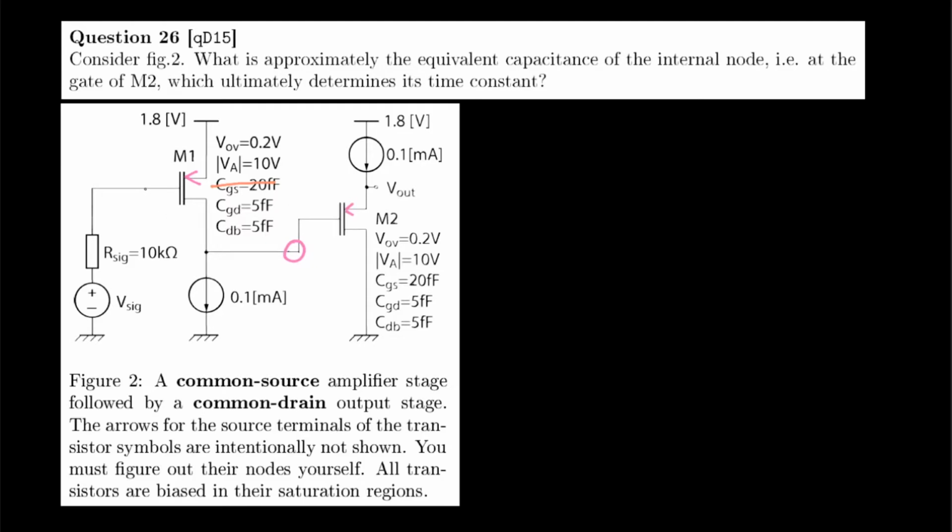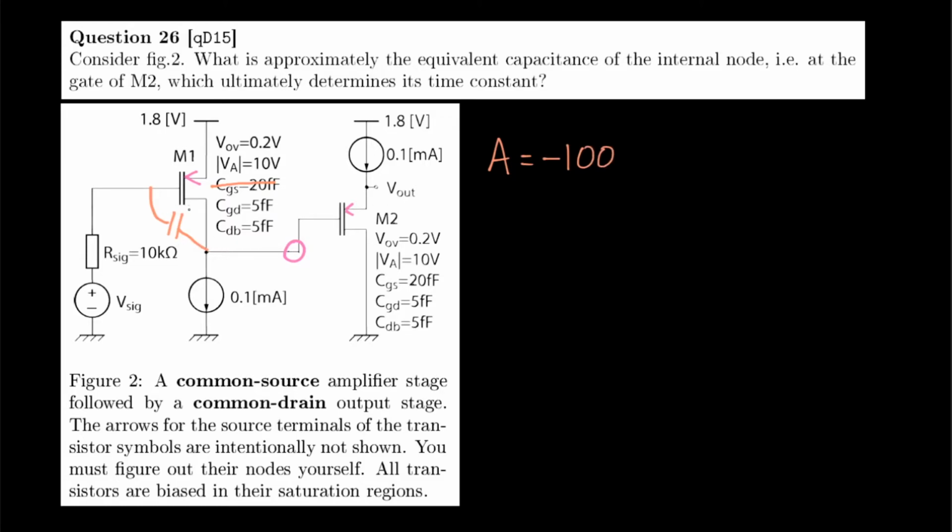CGD is connected between the input node here and the internal node. However, it is connected between two terminals of an inverting amplifier stage. So we might have to look at what happens with the Miller effect. We can compute that the equivalent voltage gain from input, so gate to drain, is approximately -100.